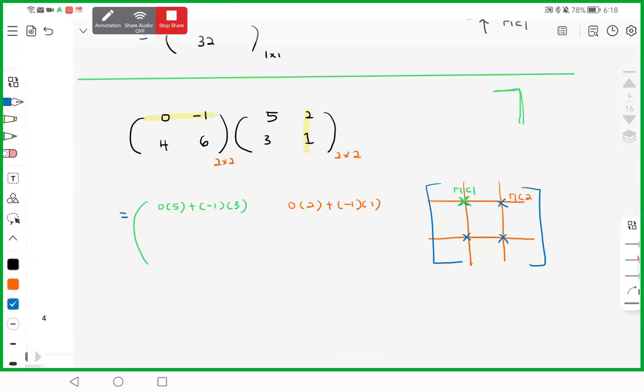Third element, second row already. So row 2, column 1. Just now was a 7 pattern, now it is an L shape. Second row, column 1. So 4 times 5 plus 6 times 3.